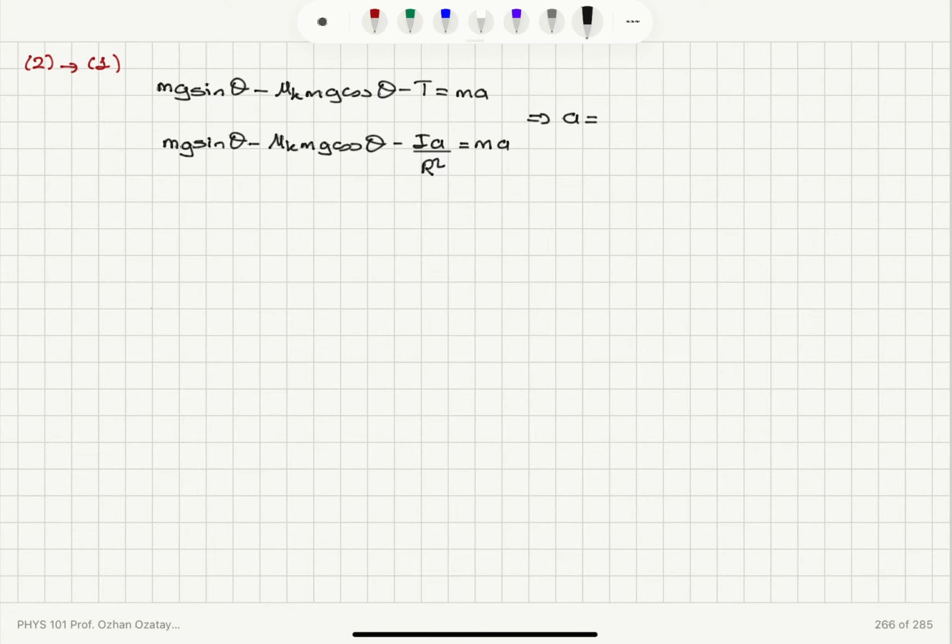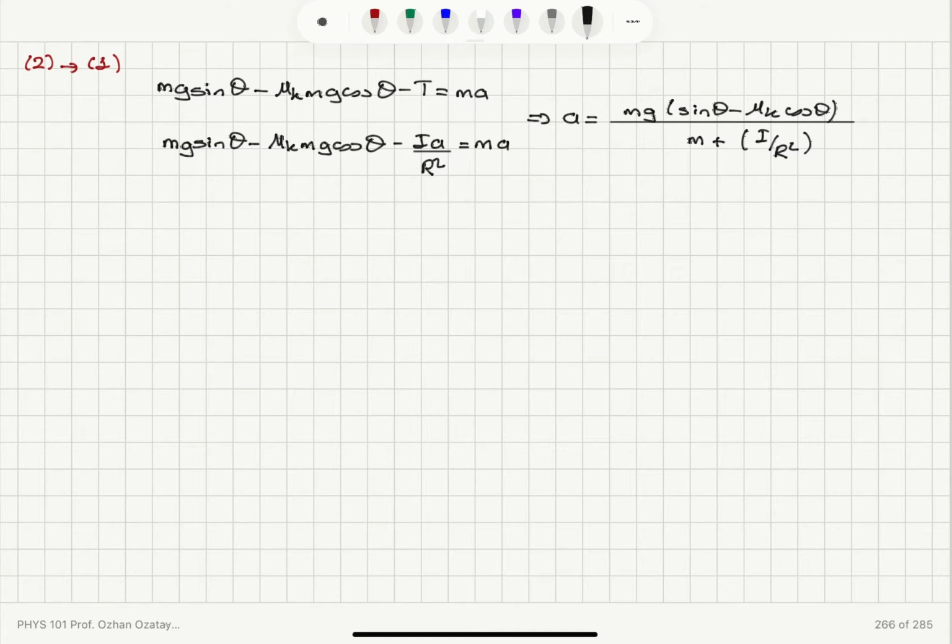Isolating acceleration a here, we obtain the following equation: mg parentheses sine theta minus mu k cosine theta divided by m plus I over r squared.